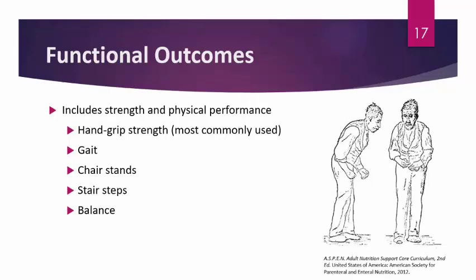Another big thing that we look at in determining nutritional status is functional outcomes. So we're looking ideally at their strength and physical performance, or what we can essentially determine their strength and physical performance to be. These are assessed through things such as hand grip strength, which is most commonly used, which is partly a little bit subjective in that it really depends on the person who's measuring that degree of hand grip strength.